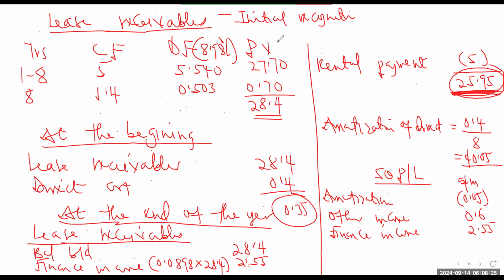For the lease liability, the people are still owing us this amount at the end. They are owing us 28.4. We have charged interest on this one, so the total amount on the account should have been this. They have paid 5 million, so it means that they are owing this amount. So the lease receivables will also go to the statement of financial position.